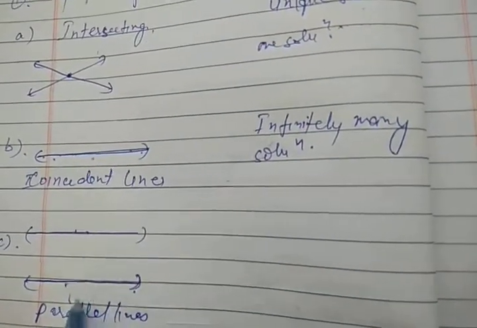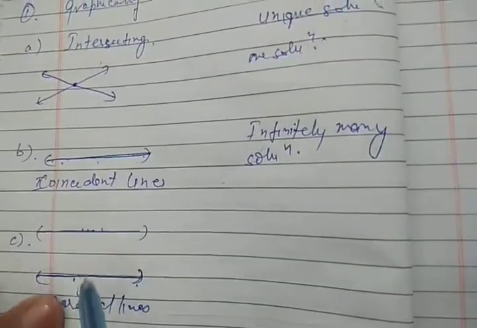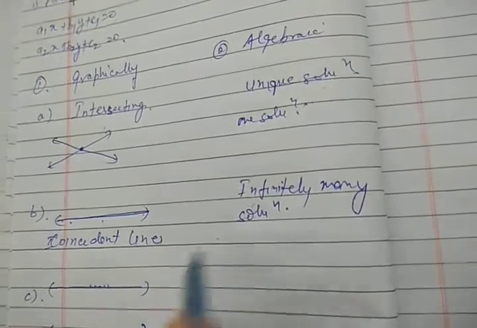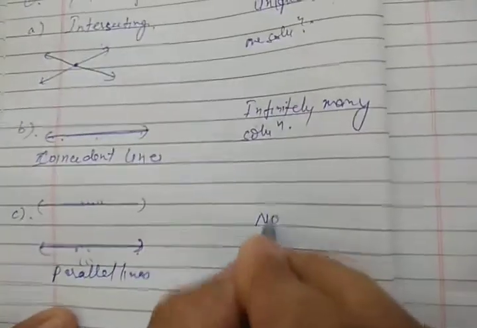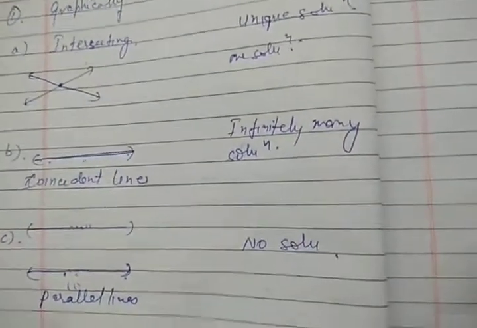Now if these two lines are parallel, then algebraically we can say it has got no solution.